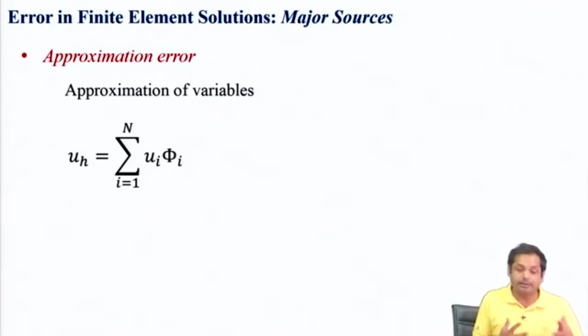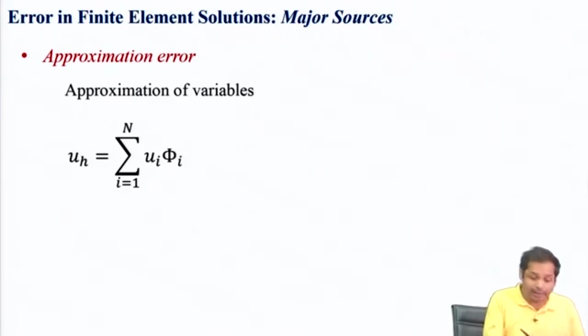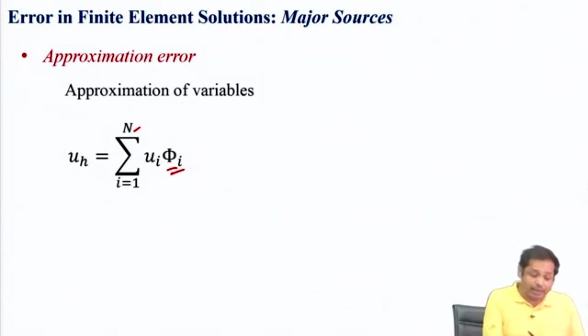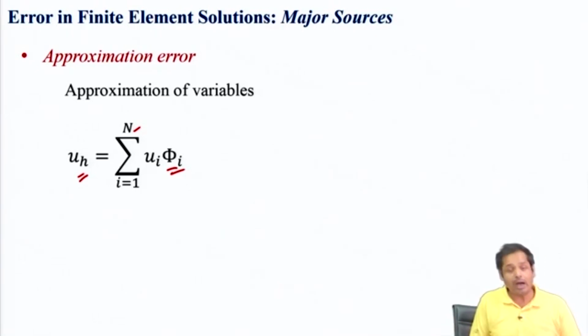So u_h is an approximation of the entire solution, with n terms, and this is the global approximation I am talking about, and phi_i is the global shape function. There will be some error in this solution. Now let us see how to represent that error.